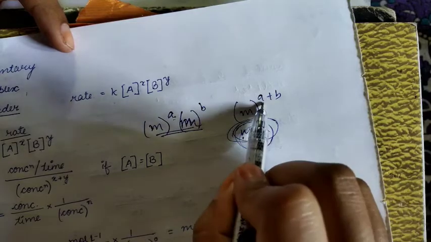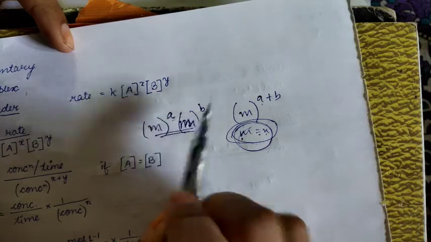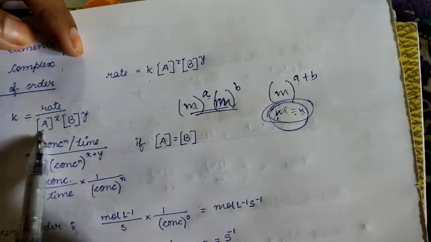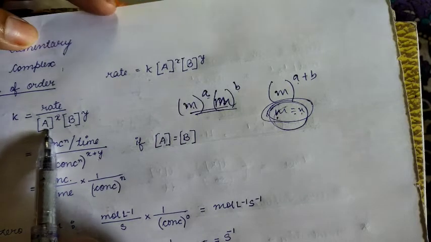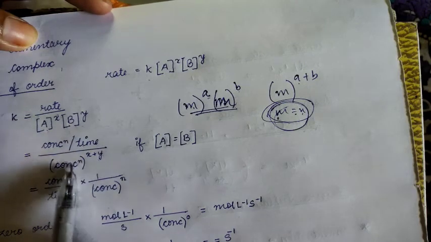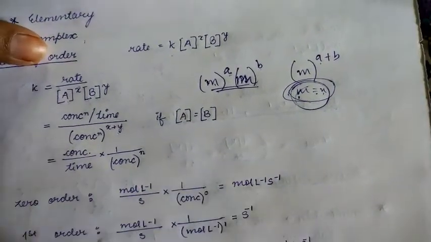When your base is the same, then only you can add the powers. So when the concentration of A present in the reaction is equal to the concentration of B, then only can we use this formula. Okay, so let us consider that these are equal.